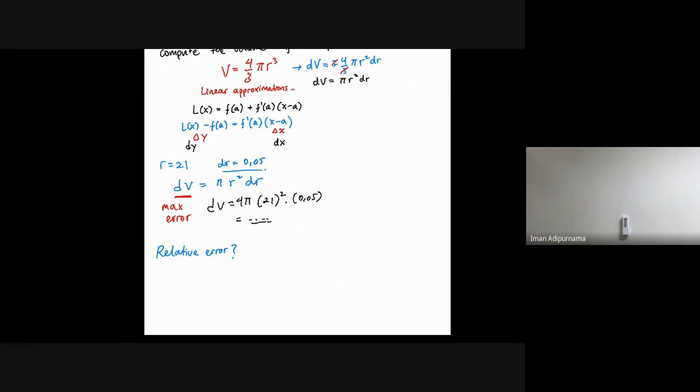Okay, relative error means you have dV and you have V. The error means your delta over the function itself. Okay? Imagine the function is the volume of a sphere, and your approximation is the derivative of that volume. So we can write dV.